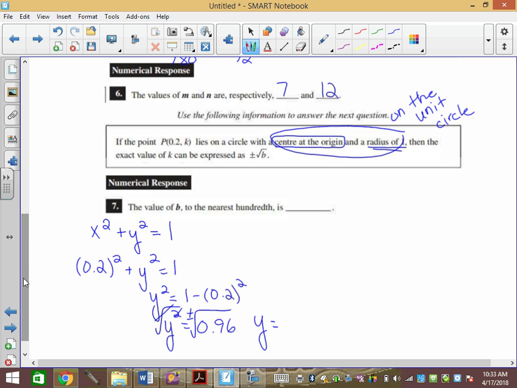No, they want it in plus or minus root b. So what's root b? So you always have to read the format of what they want, right? Because a lot of the time, people just don't read properly and give me a wrong answer, even though they're correct in what they did.